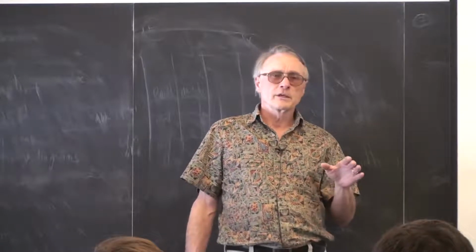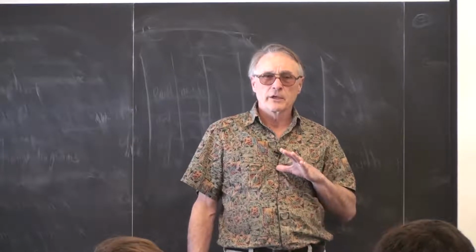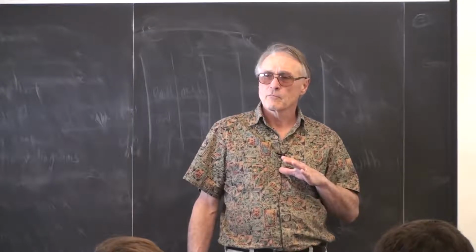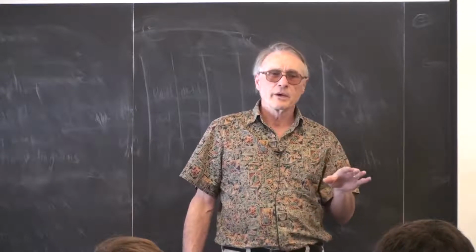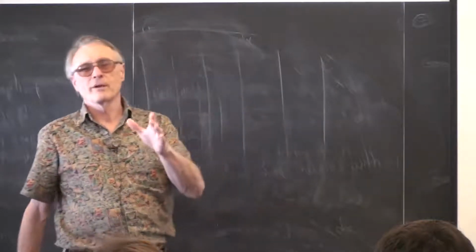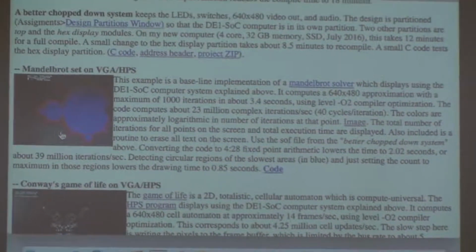If your code only does as good as my single processor HPS code, you will get essentially 0 on the demo. You might get 5 points if the mouse works well, but you have to do better than that. Because I'm giving you the code, right?